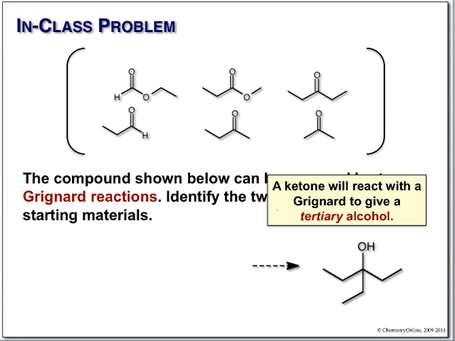So we're looking for a ketone. Where this was a carbonyl, we've added 1 group as a Grignard, and our ketone simply has an ethyl group on both sides. The ketone that works is this guy up here.